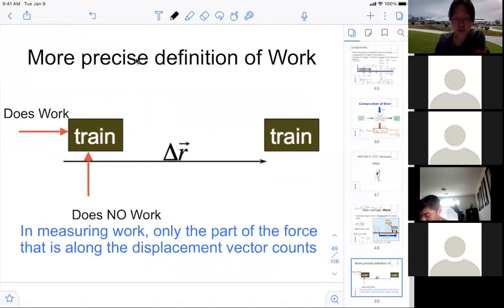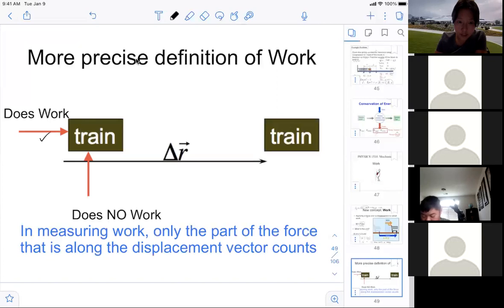Let's improve upon our definition because our original definition doesn't take into account that you can apply the force in different directions. For the physics term work, you have to have a displacement along the direction where the force is applied. For example, if you have a force pushing the train forward, then this force does work.